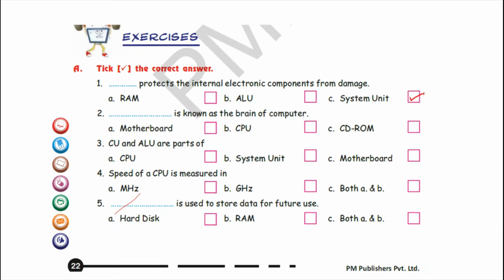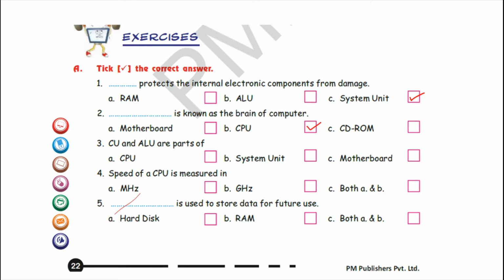Let's read the next one. Number 2. Dash is known as the brain of computer. A. Motherboard, B. CPU and C. CD-ROM. And you know the answer. Central Processing Unit. Option B, CPU. So put a right mark in the box in front of option B. Let's see the third one.